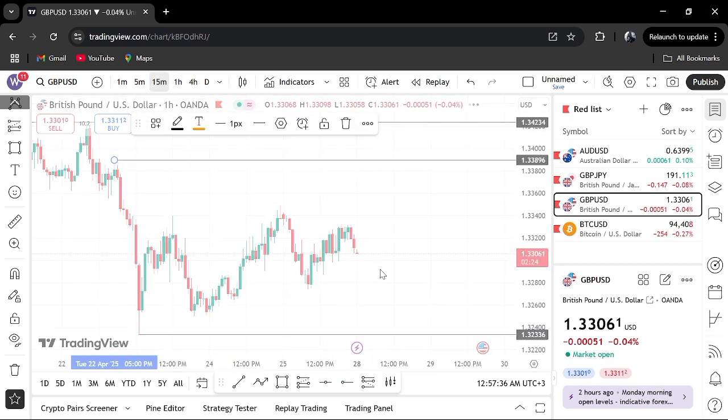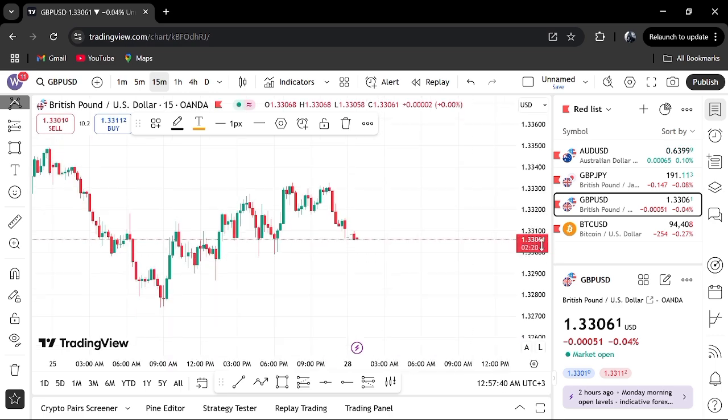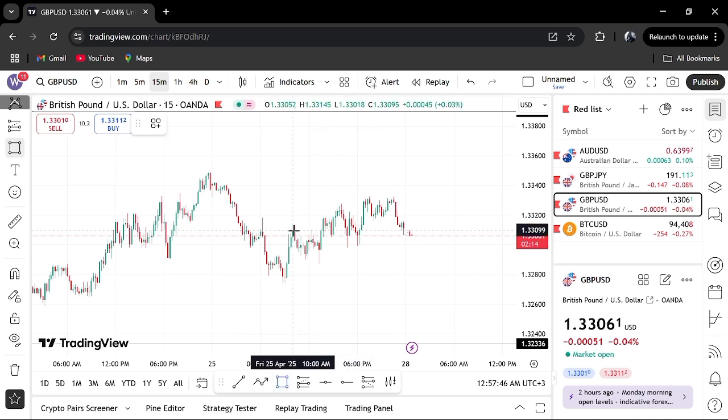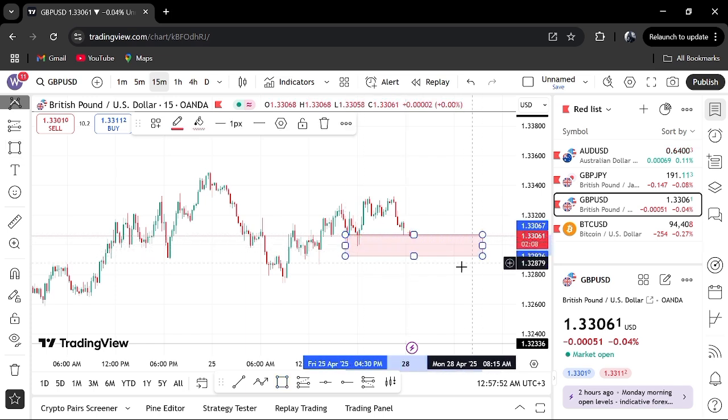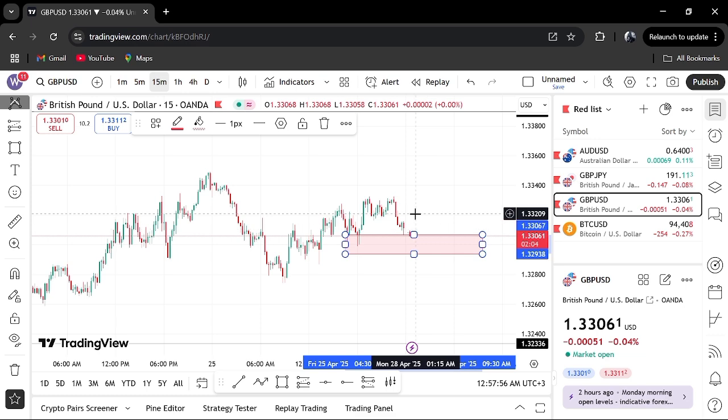Now from here, let's go to the 15 minute time frame. In this market, you can see sharp moves are happening. The low has been broken and retested. So this is the lower low we're seeing. If price breaks it, it must come here before continuing.